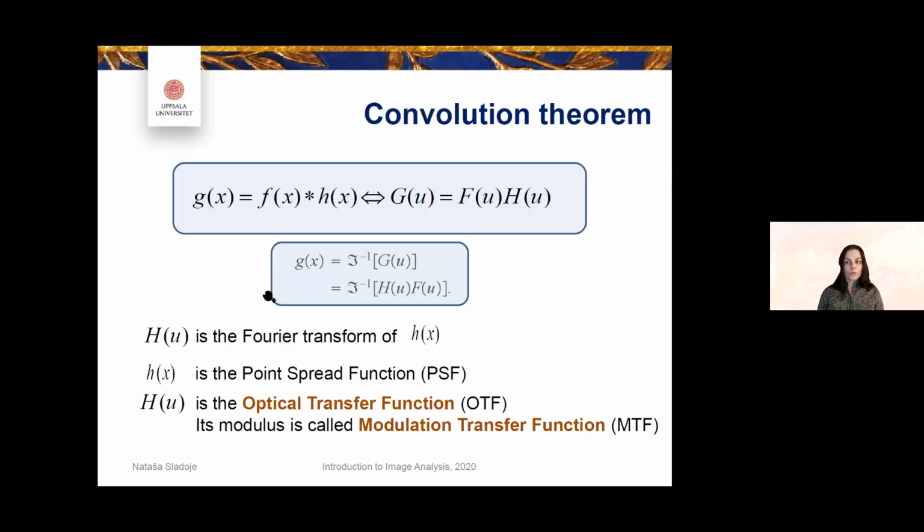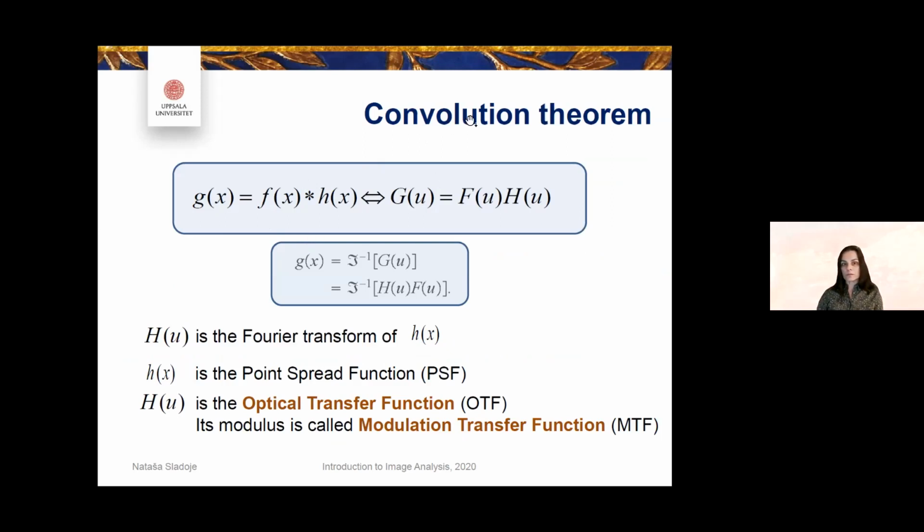To move from there to actual recovery or restoration, we will just need to pass through the convolution theorem, recalling what we said in the previous lecture. Undoing this convolution will actually be much easier to do in the Fourier domain.